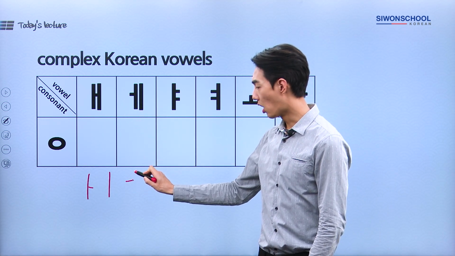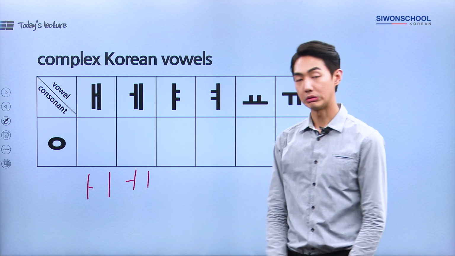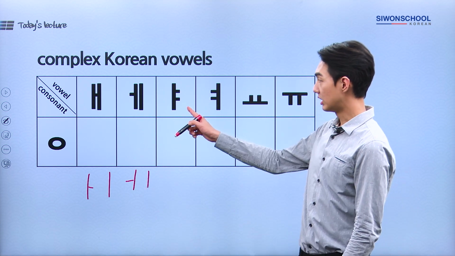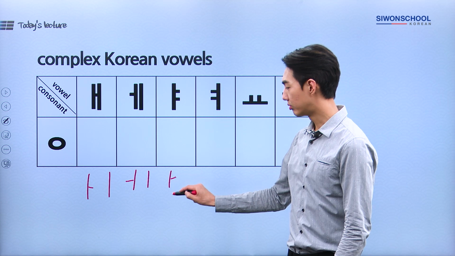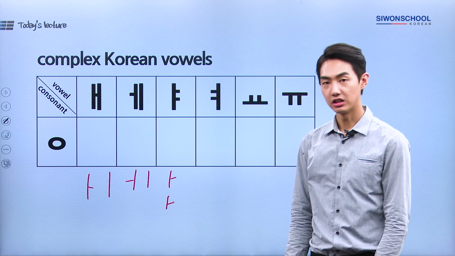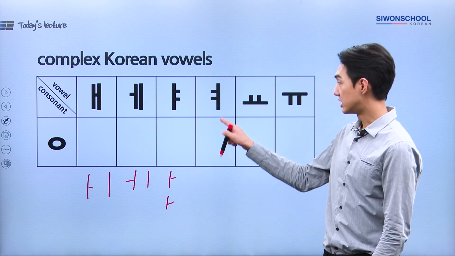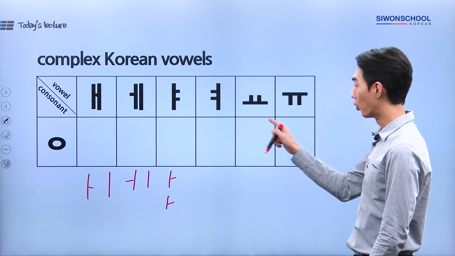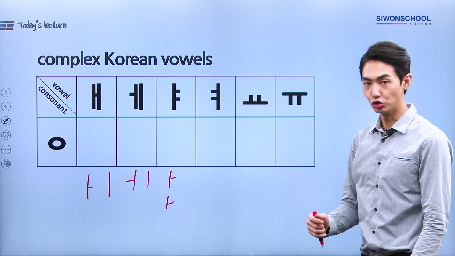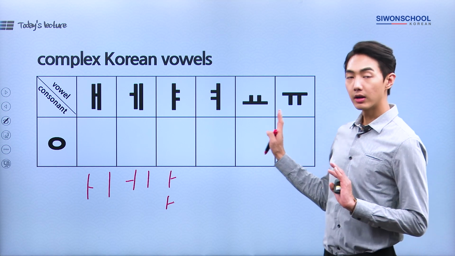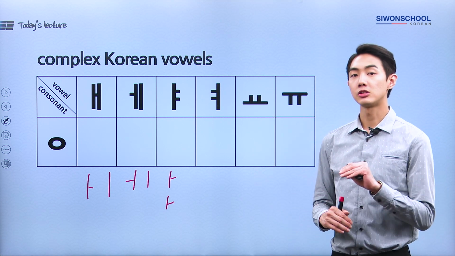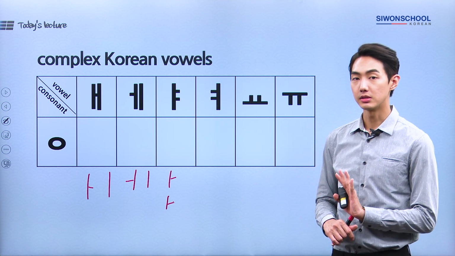It's o plus e. Ta-da, is what? A plus a is like ya. Same thing. O, you. Okay? Remember, complex vowels have a kind of stronger sound than simple vowels.